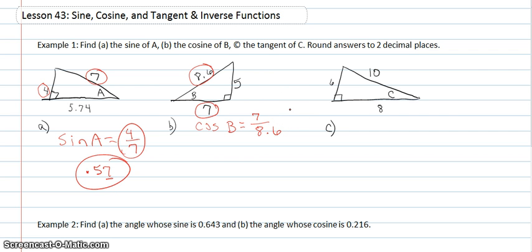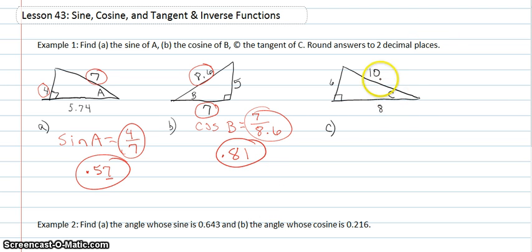So 7 divided by 8.6 is 0.81, and we'll leave it like that. So both of these are right, but most of the time in the Saxon books I see it as a decimal at this point in time.